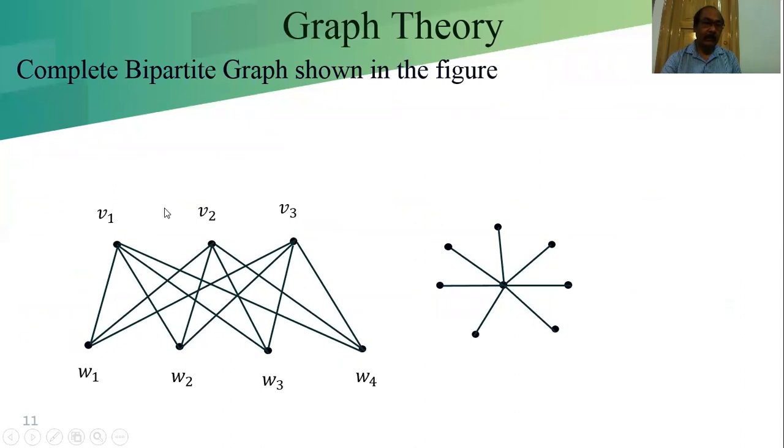Complete bipartite graph. This is K3,4. This is K1,7. Only this vertex is connected to all the other vertices, V1 containing only one vertex and V2 containing the other 7 vertices.